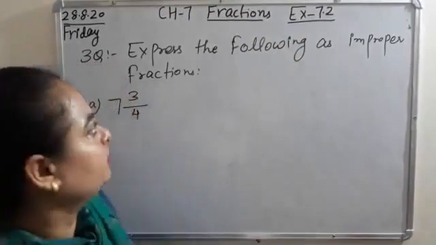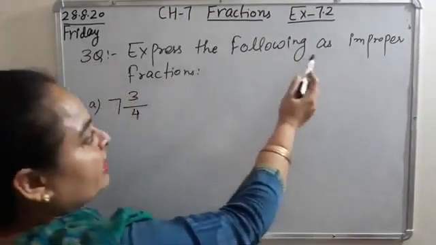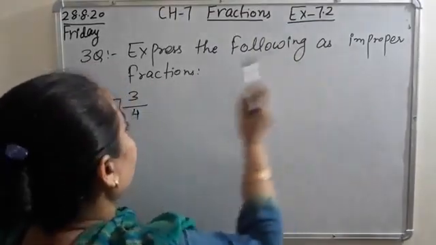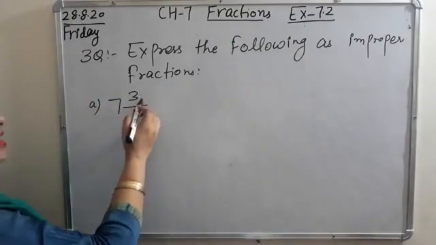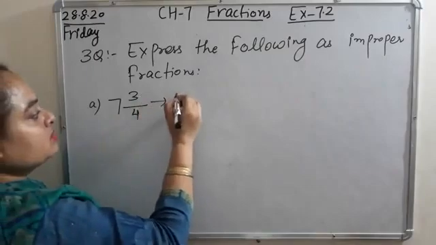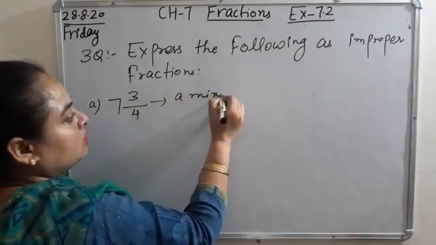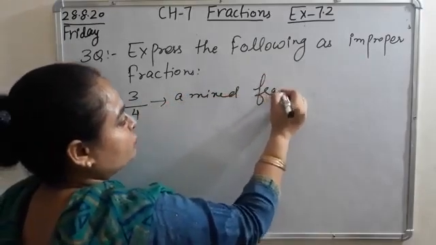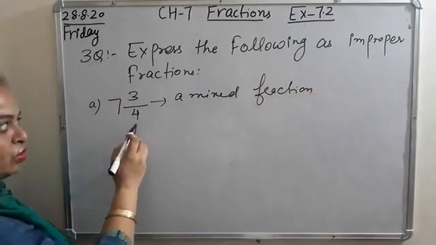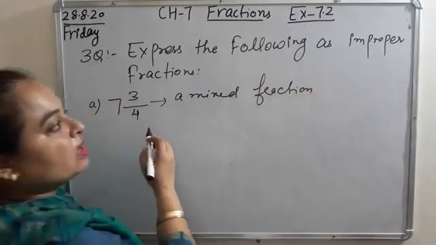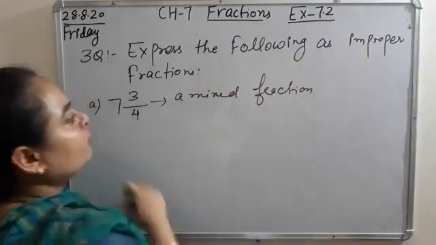Now third question, express the following as improper fractions. 7 whole 3 by 4. This is a mixed fraction. It means mixed fraction is given to you and the question is to convert this to the improper fraction.